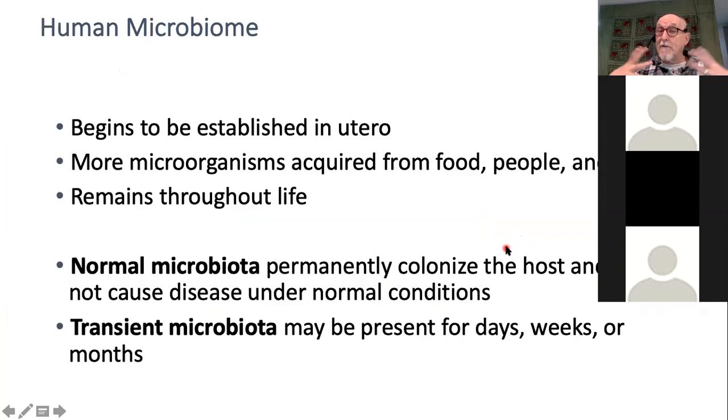Now that all of this rich microbiota, we used to think that it only began to be established once an infant was born. It now turns out that in fact, the microbiota begins to be established in utero, that the uterus is not, and the fetus, the infant itself, are not actually sterile, as sterile as we always thought.